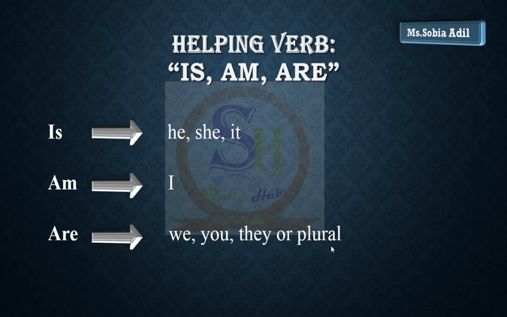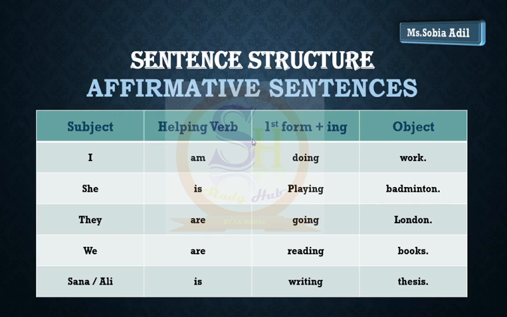Moving towards the structure of the sentence, students, first comes affirmative sentences. Affirmative sentences are basically the positive, simple sentences. So for these sentences of present continuous tense, we follow this structure. We write first subject, then comes helping verb, then we write first form of verb plus ing, and then comes object.